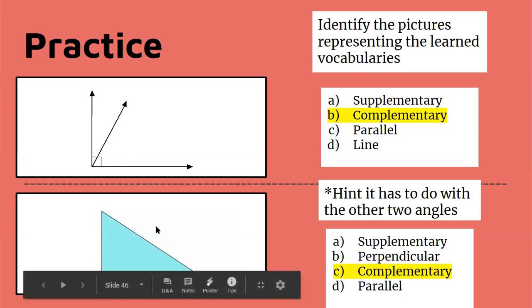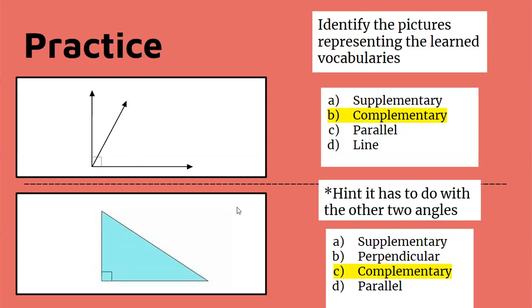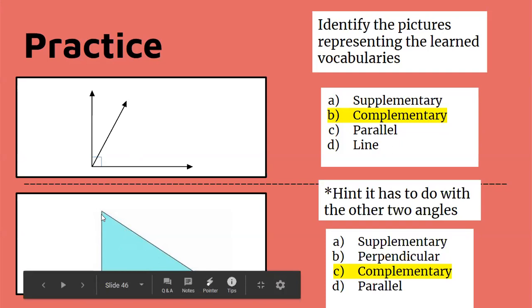The next image we have right here is also complementary. And you might ask why. If you don't know already, all the angles in a triangle add up to 180 degrees.